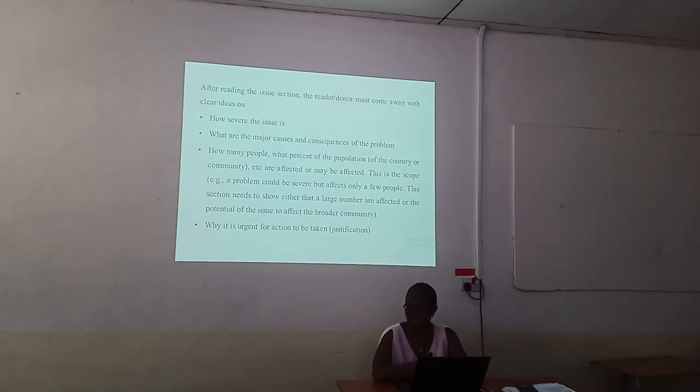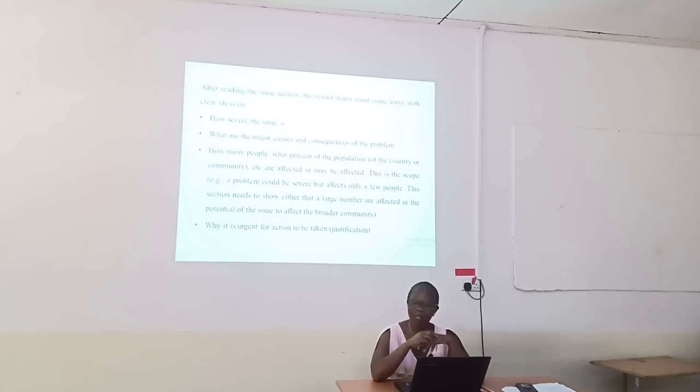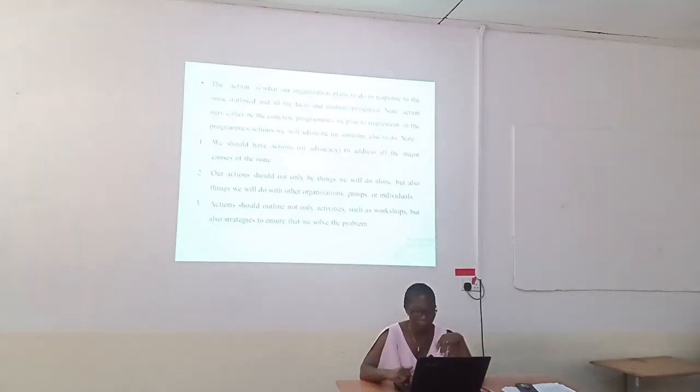You need to justify why it is urgent. Why do you need to address it at that time? So on the issue section, when you do your situation analysis and you are writing, all this information should come out. Don't wait for them to ask you. You need to put it right there in the proposal.